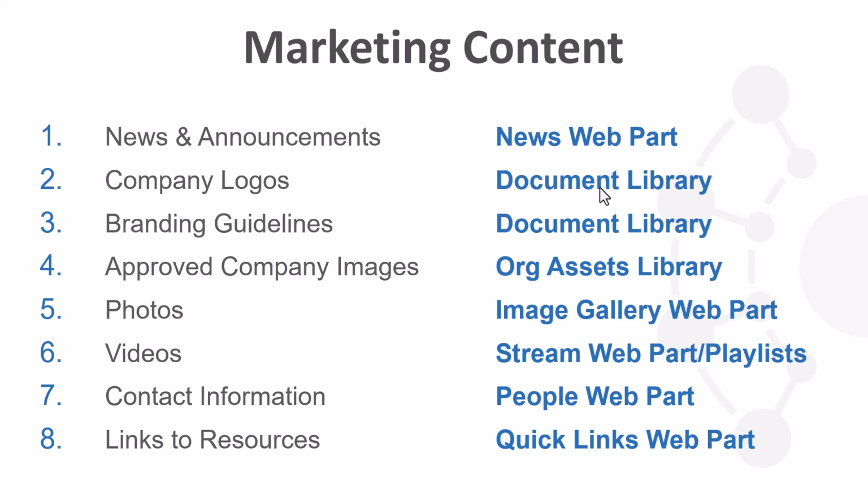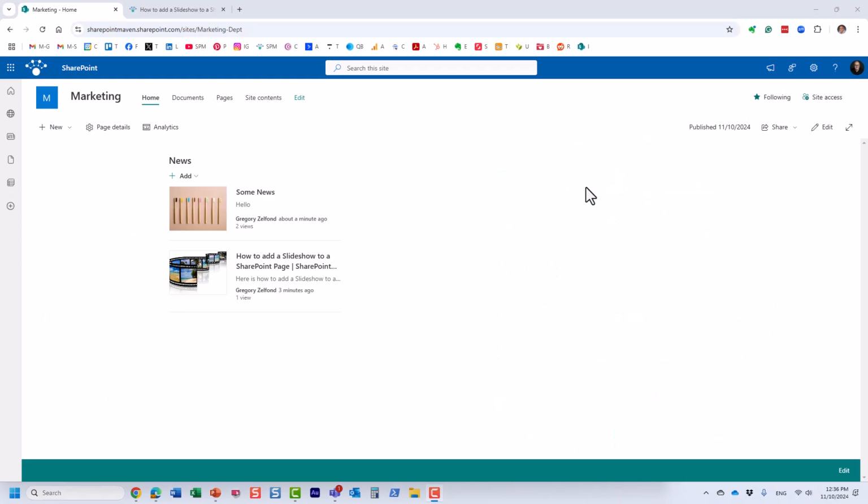So for this, we're going to utilize the built-in document library. Let me show you how to do that. When you create a brand new site, any site you create, it doesn't really matter what type it is, it already has a document library. And we actually have a navigation link to that library.